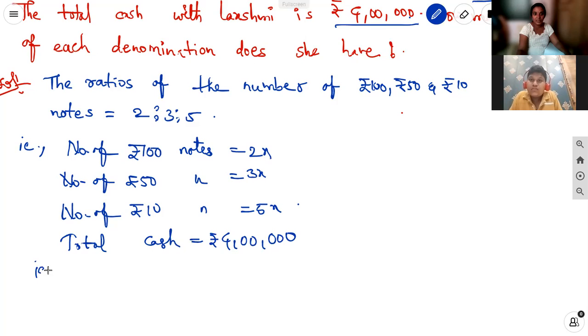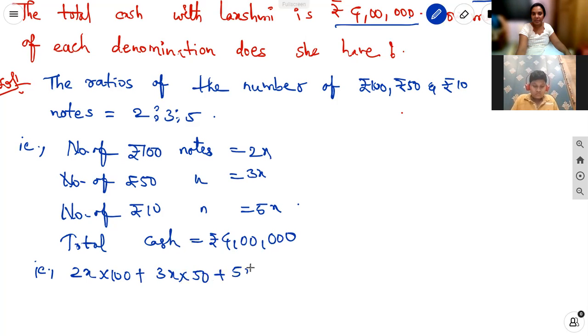That is nothing but 2x into 100 plus 3x into 50 plus 5x into 10 equal to the total 4 lakh.